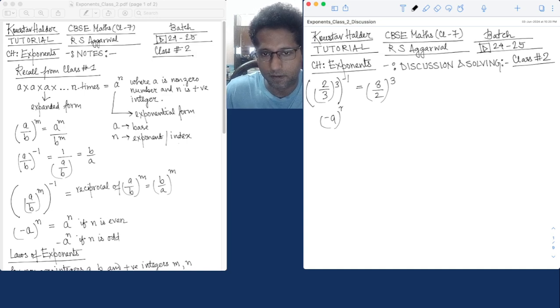If we have an exponential form like this, now this will be equal to the numerical value of minus a, which is a, so a to the power n if n is even, like 2, 4, 6, 8, and this will be minus a to the power n, negative of a to the power n, if n is odd.